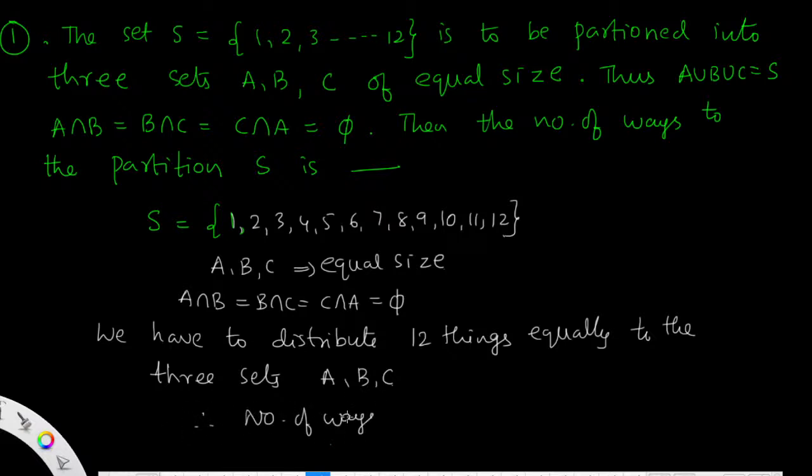Give the response. The total things are 12, and we distribute these equally into 3 sets, so the equal sizes are 4, 4 and 4.